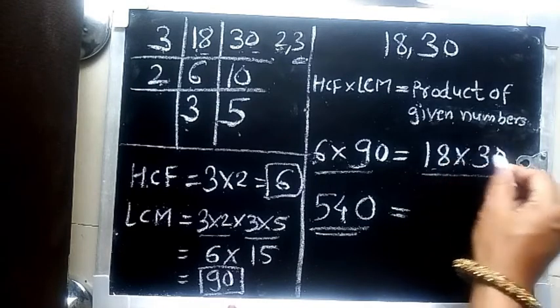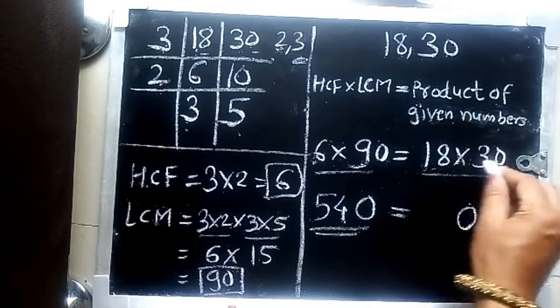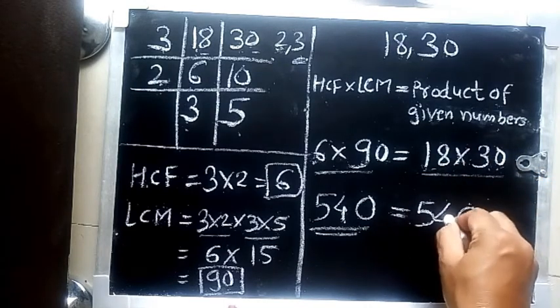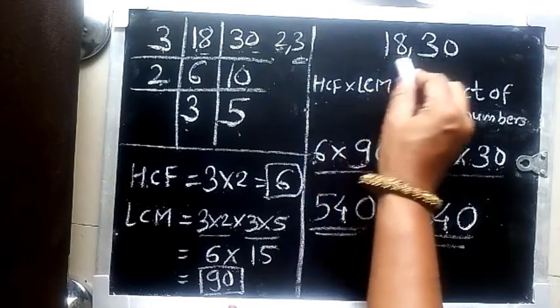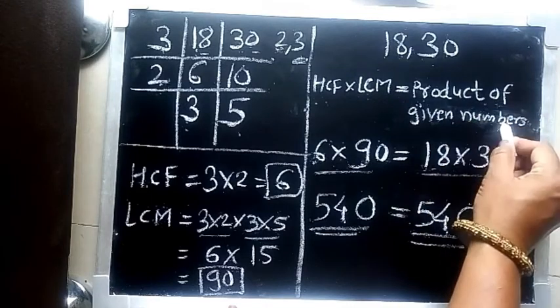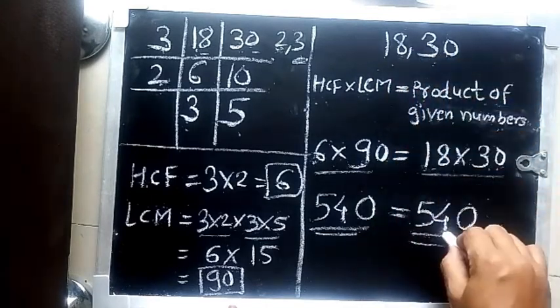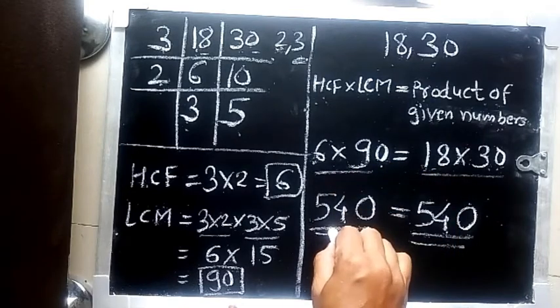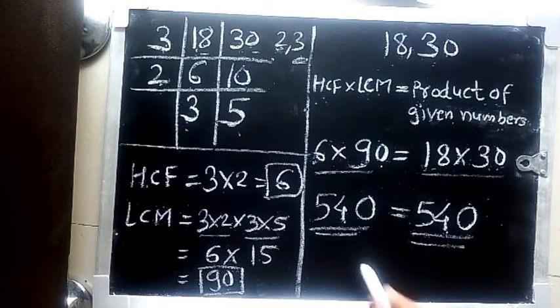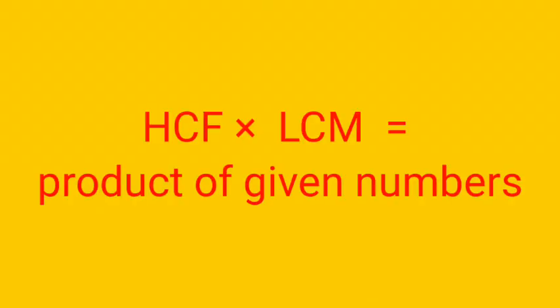Product is 540. 18 times 30: 18 zeros are 0, 18 threes are 54. Left side 540 and right side 540. The two sides are equal, so this formula is HCF into LCM is equal to the product of the given numbers.